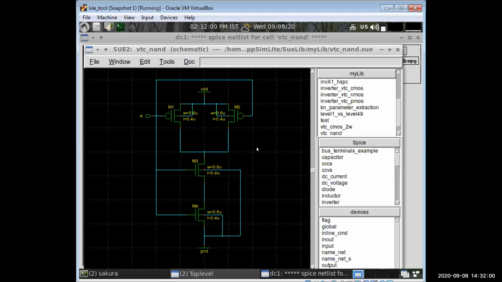Yes, sir. Okay, the equivalent resistance is double. That means in both ways you can say that the NMOS transistor is weak now. Okay, the overall NMOS transistor is weak now. Alternatively you can say the PMOS transistor is strong now. Okay, that's why it is shifting right. Or in another way, just wait here, I will explain.